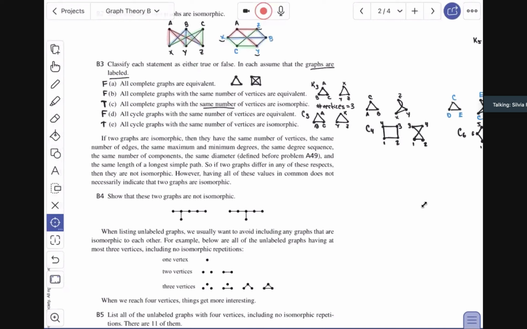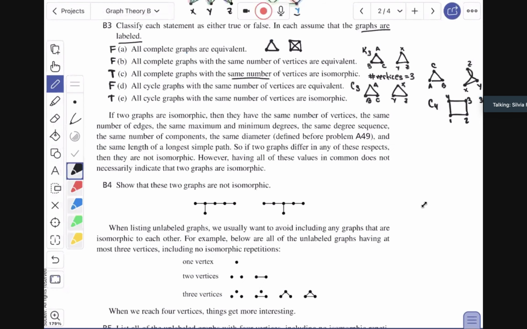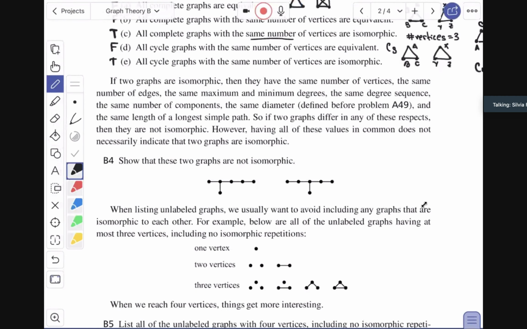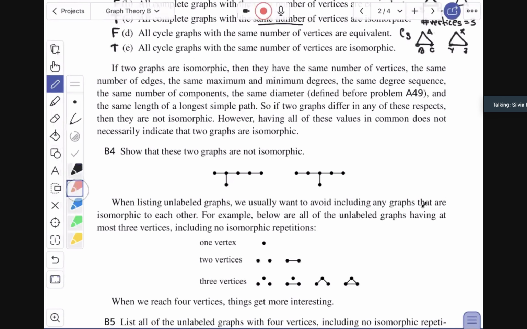But if they have all of those things in common, then how can you prove that they're not isomorphic? If they are, you can try to find the labeling, but it's not necessarily easy. For example, here, it says, show that these two graphs are not isomorphic. So let's see. We can check the number of vertices.